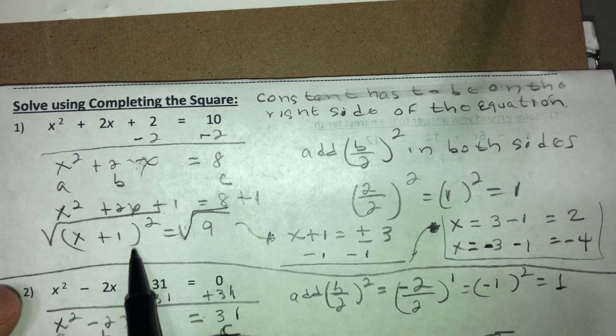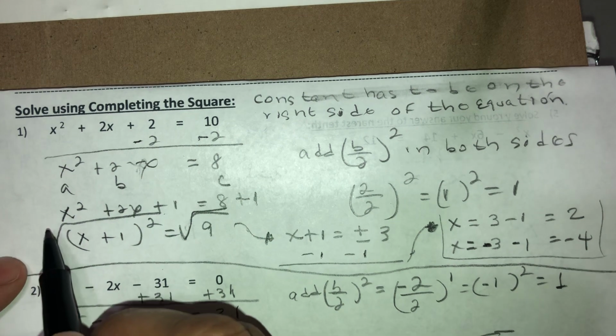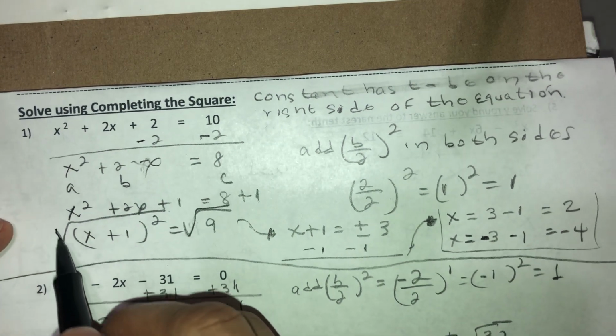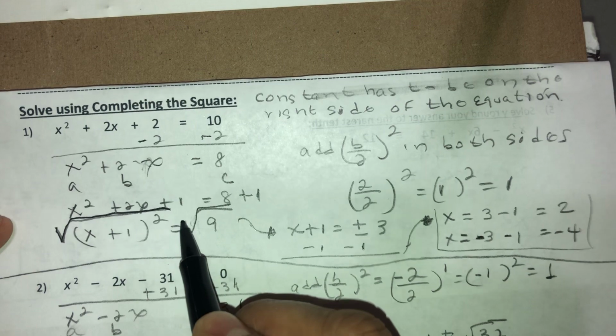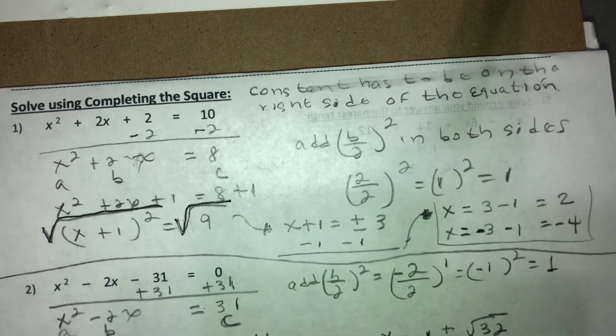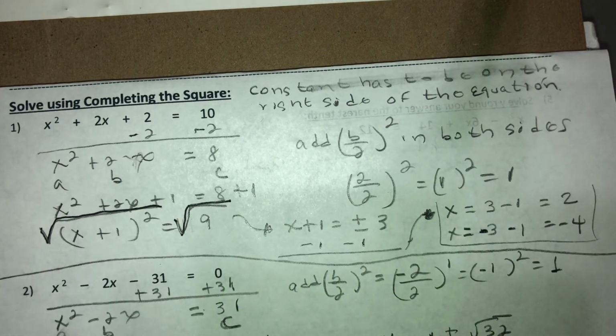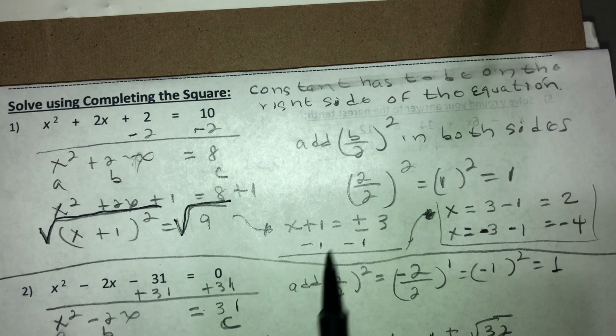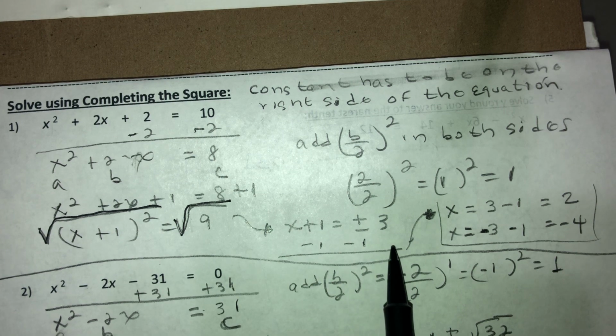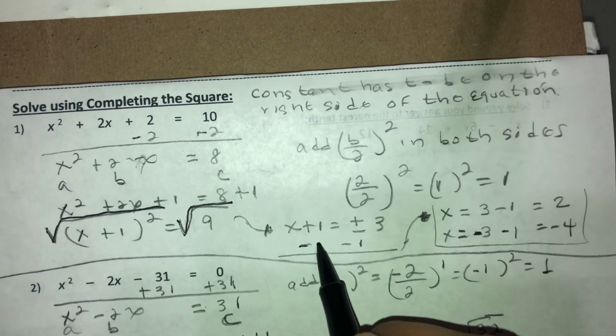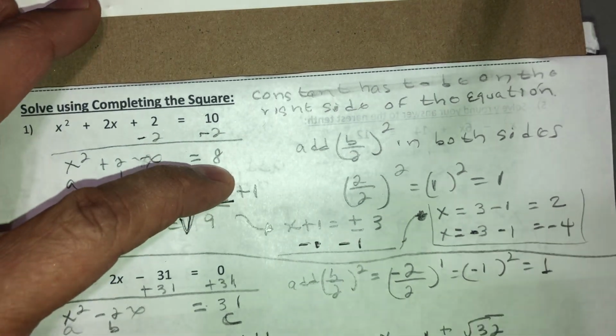Remember, when you have something to the second power, you do square root on both sides, all right? And when you do that, that gives the exponent. So you will have left x plus 1 equals plus minus radical 3, okay? Now, when I get that, I will do minus 1 on both sides.